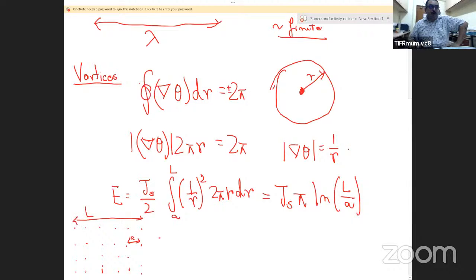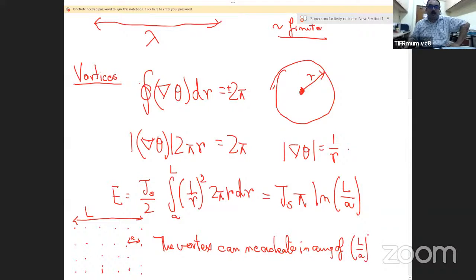So therefore, the vortex can nucleate in any of (L/a)² sides.